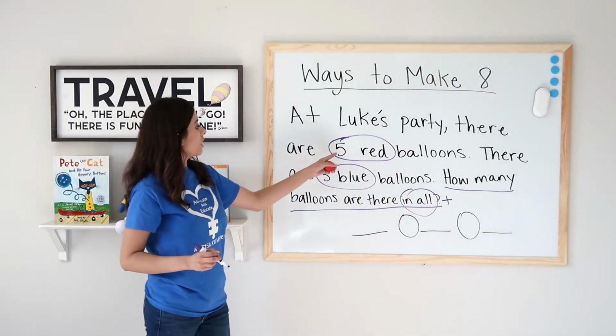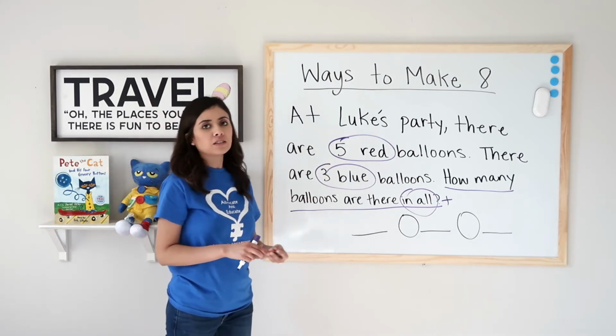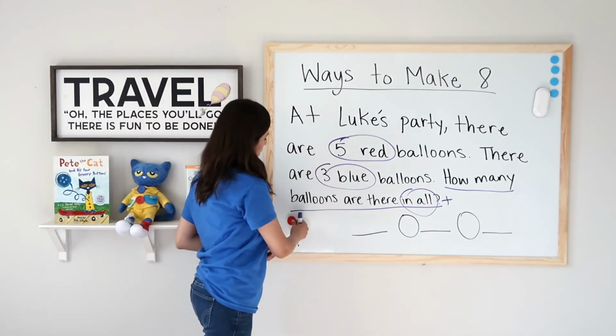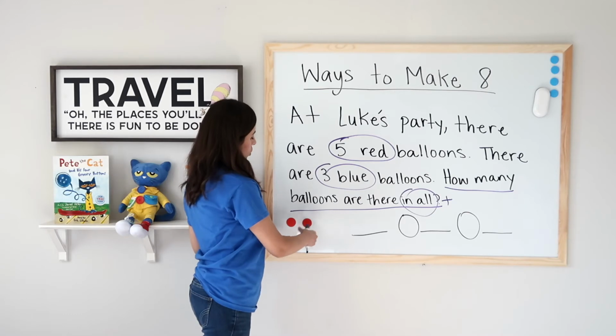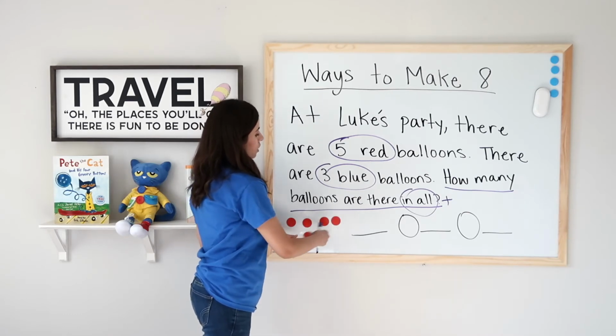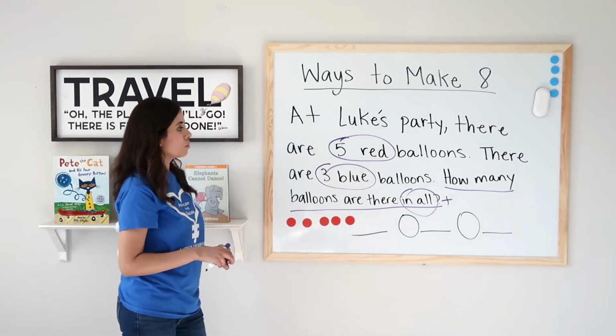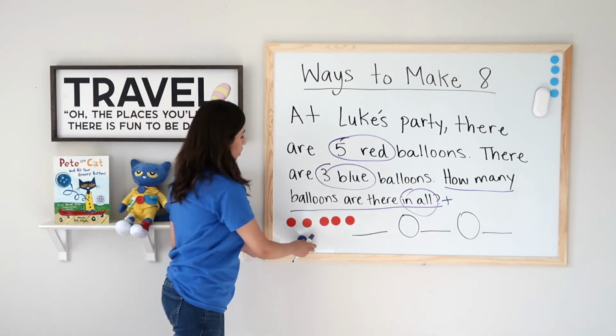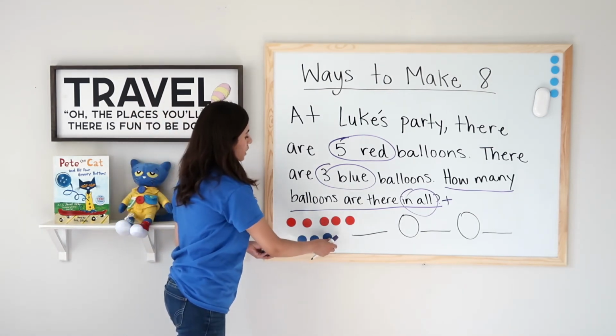So 5 and 3. I have 5 red, so let's go ahead and place those out. I'll put them over here. 1, 2, 3, 4, 5. And how many blue? 3. 1, 2, 3.